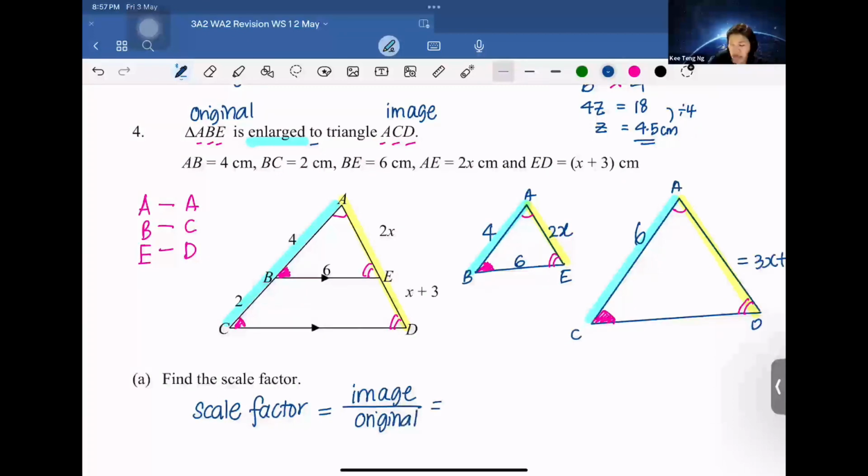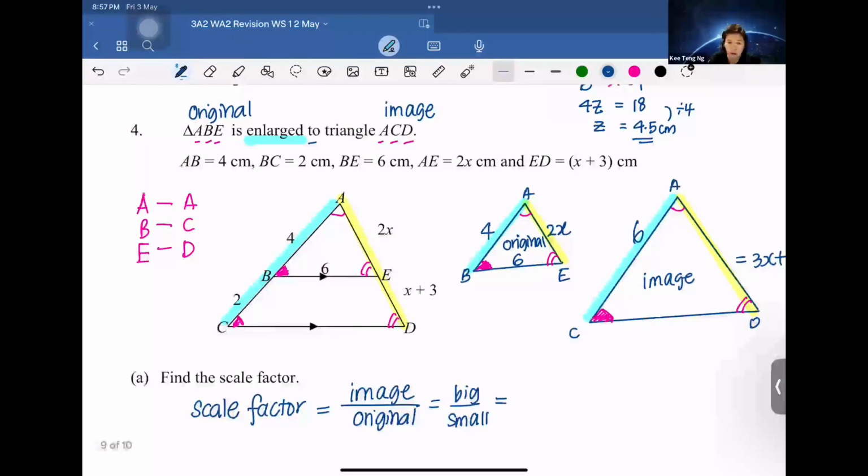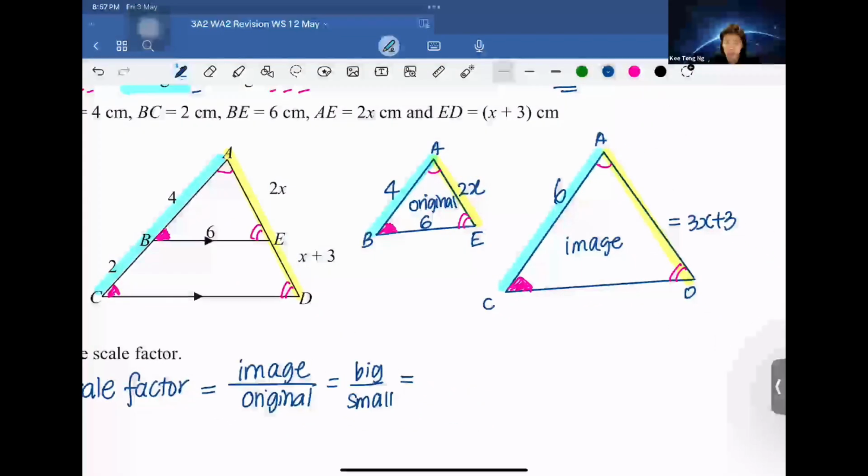In this case, I have an enlargement. So this is my image. It became bigger. And that means I'll use the big over the small length. Let's find a corresponding pair of ratios. So this one is 6 and this is 4, the matching sides. So it'll be 6 over 4.